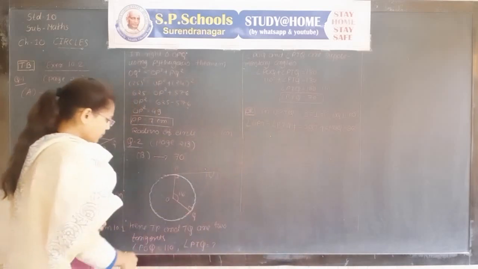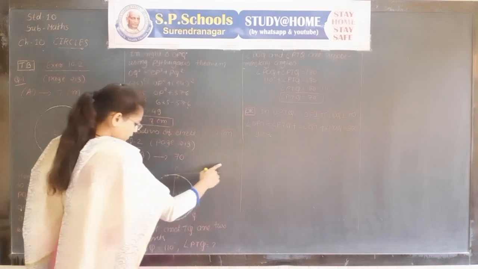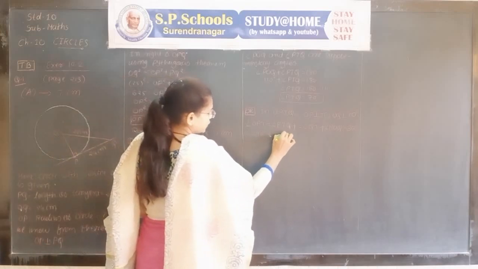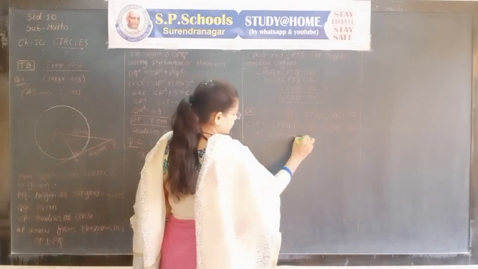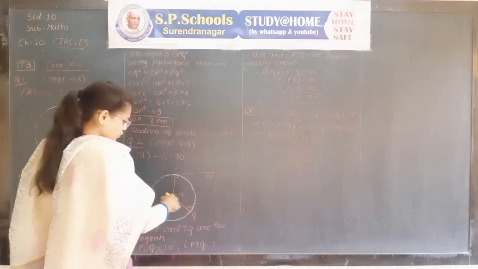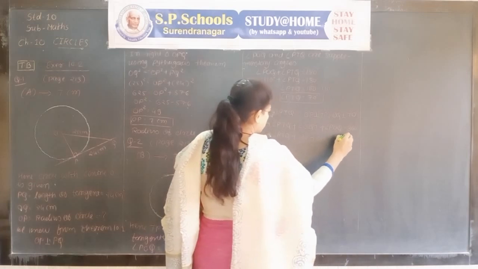Now OPT is 90 degrees, plus PTQ remains as it is, we need to find it, plus OQT is again 90 degrees, plus POQ is 110, equal to 360 degrees.